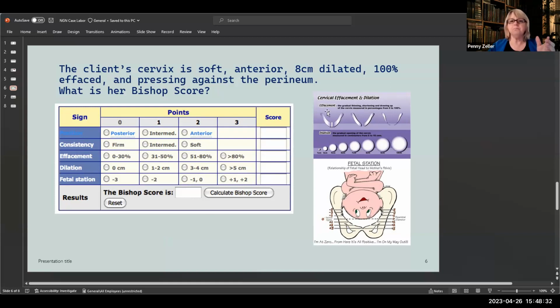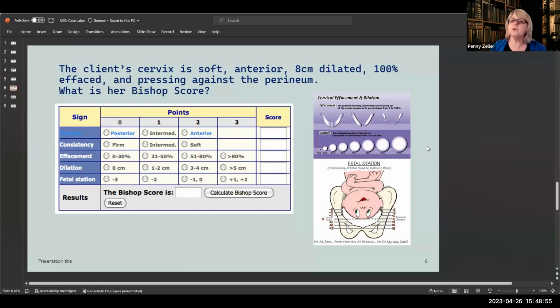At the top, it shows the effacement occurring, the thinning of the cervix. And then the second group down is the dilation of the cervix. Those are two measurements that tell us that labor can be started if these are far enough advanced.